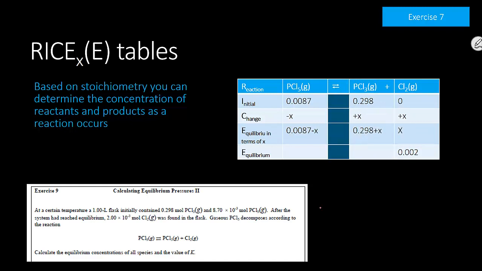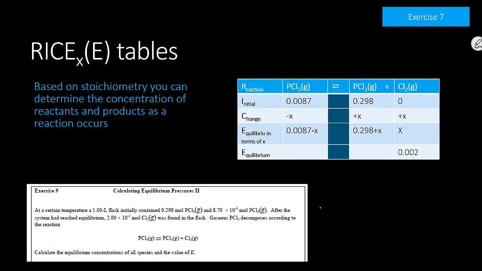The value of chlorine would simply be what that change was. Since there was none to start with, this must be the value of X, the change that we saw. So when you lay it out nice and pretty like this, our word problem actually provides us everything we need to figure out the concentrations of everyone else.